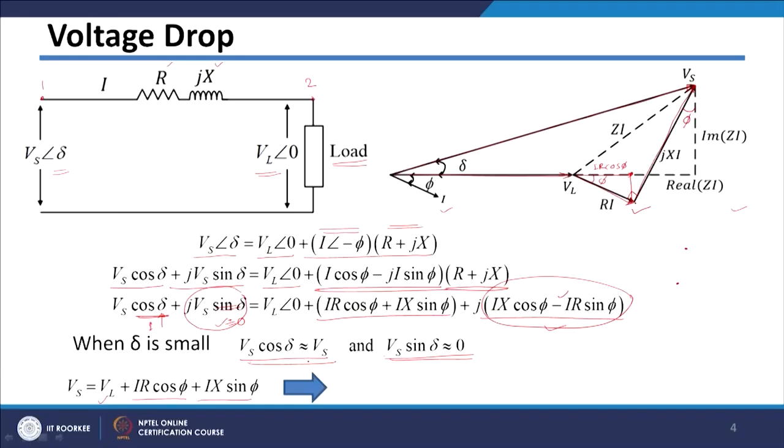In that case, this becomes your IX sin phi. So, this is the same length, so this also will be equal to IX sin phi.